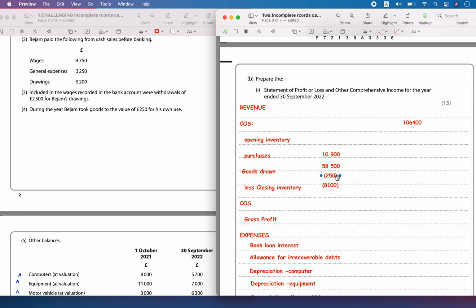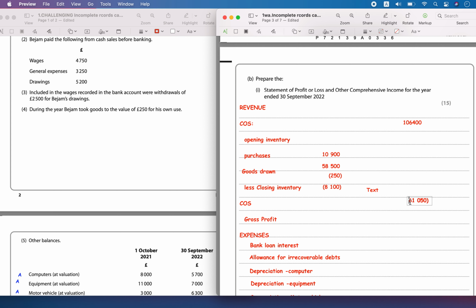Now let's calculate the total cost of sales because of that. So 10,900 plus 58,500 minus 250 minus 8,100. That value is going to be equal to 61,050.